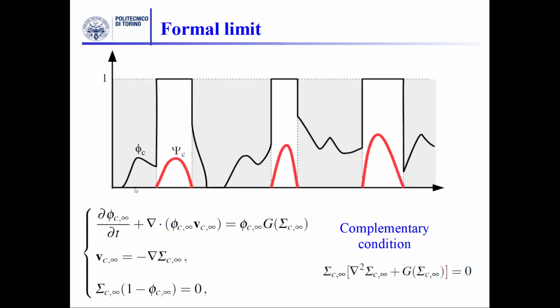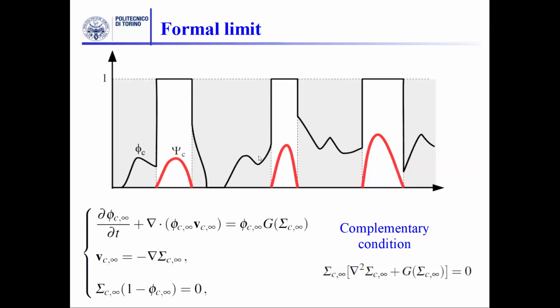You might have a certain region, the non-confluent region, in which the volume ratio is less than 1. Then in this white region, the volume ratio is 1, constant. So it means the cells are compressed. This phi c is different from 1, then different from 0, built up, and satisfies psi c and sigma c infinity, which is the same thing.